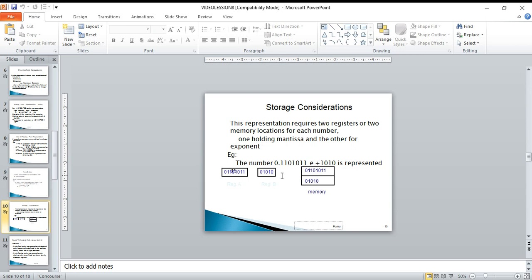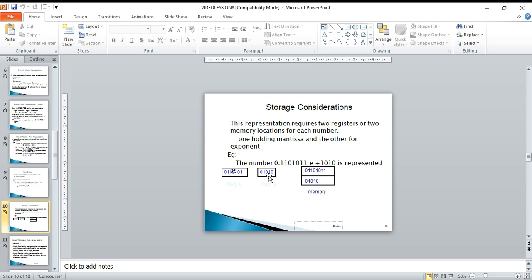Take this example. Here the number is 0.11010011 e to the power of plus 1010. Here this is the mantissa value, and this is the exponent value. So the mantissa value was placed in one register, and this is the exponent value. Along with the sign bit, since this is a positive exponent, the sign bit is 0.